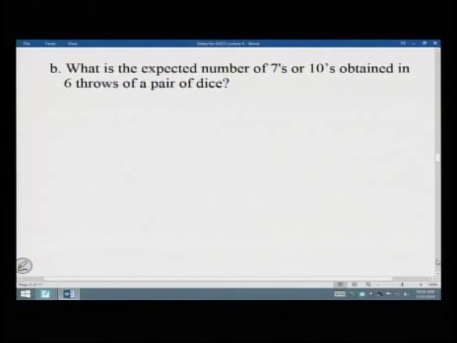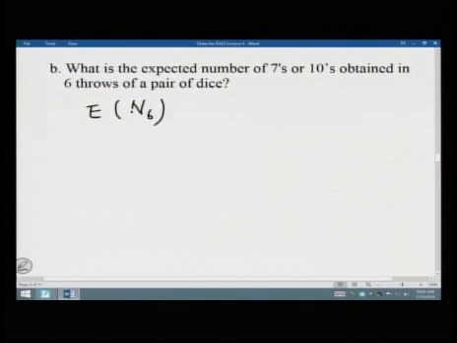Okay, so the next question is asking for the expected number of sevens or tens obtained in 6 throws of a pair of dice. This is quite a simple question. It's asking you for the expected value of the binomial distribution. What is the expected value of a binomial distribution? Does anybody remember? Summation of p_i times x_i. This is, let's say, N sub 6.